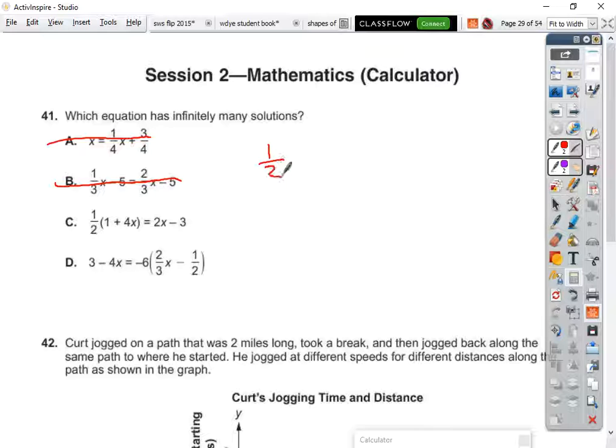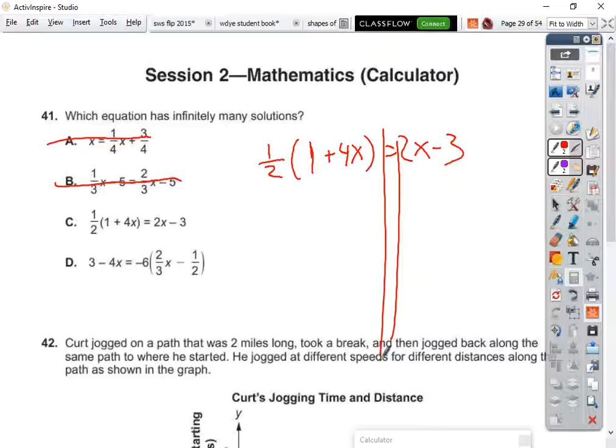Next one, 1/2 times 1 plus 4x equal to 2x minus 3. All right, so 1/2 plus 2x is equal to 2x minus 3. Okay, now right now you might be noticing that something weird is happening here. You have 2x on this side and 2x on that side.